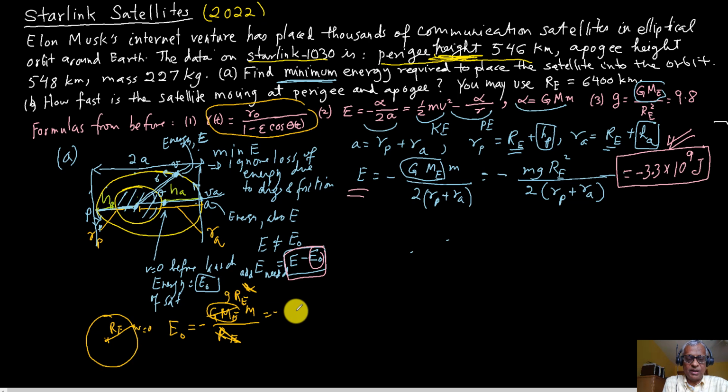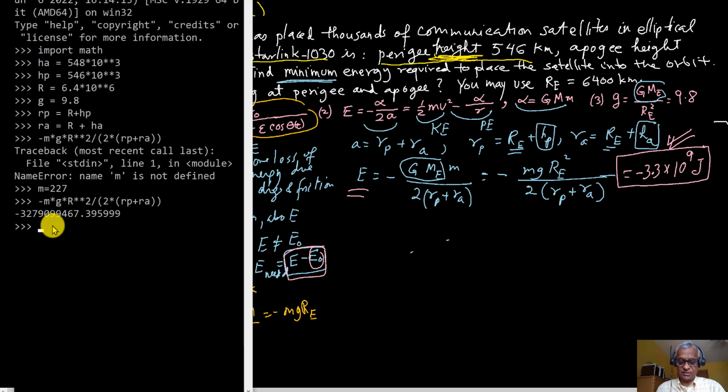So this is just minus m g R_E, and I can find the answer by doing the calculation, because I already have the script. It's just minus m times g times R, and it gives me 14.2.